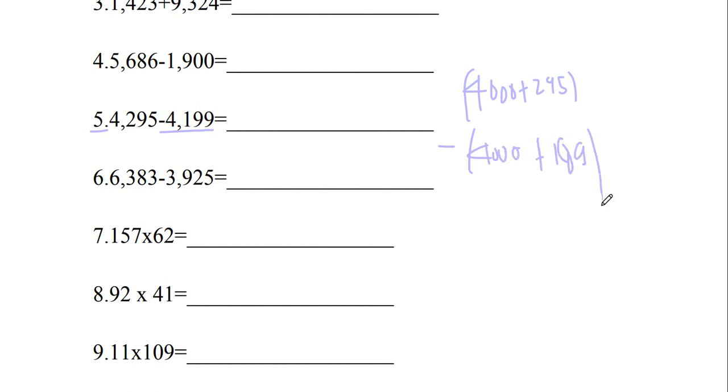So basically this 4,000 cancels out and you only have 295 minus 199, which then if you subtract, you should get 96.